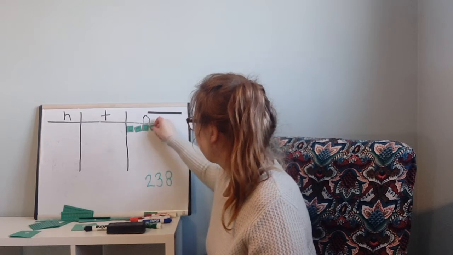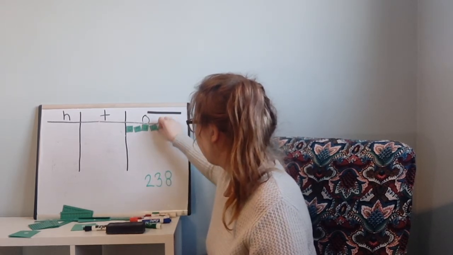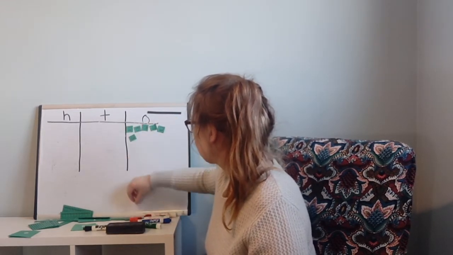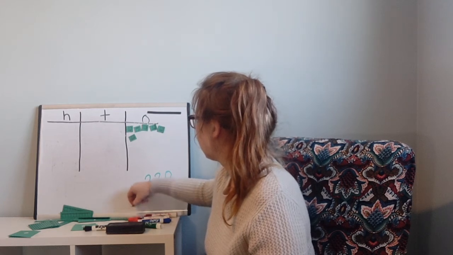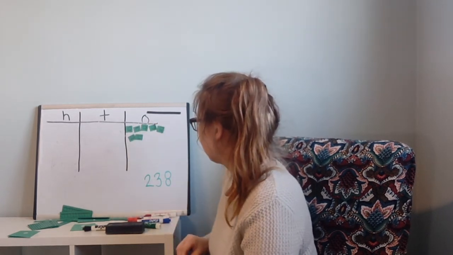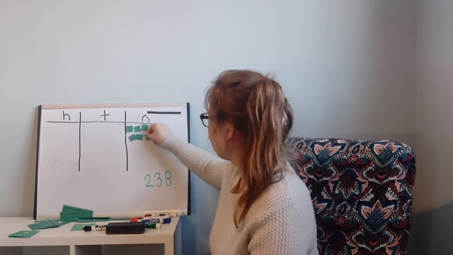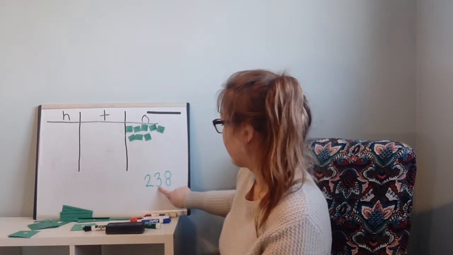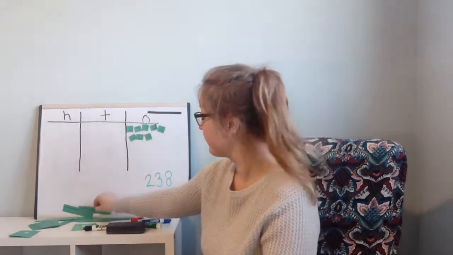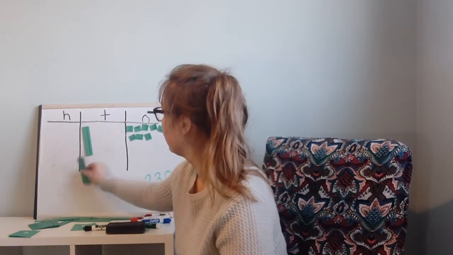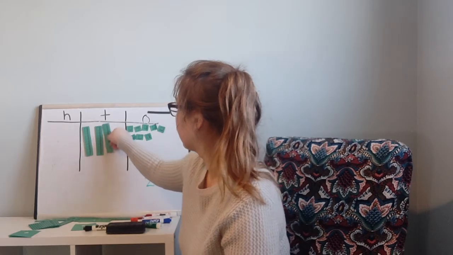3, 4, 5, 6, 7, 8. My ones are done. Now 3 in the tens place, which means I need 3 groups of 10. 1, 2, 3.